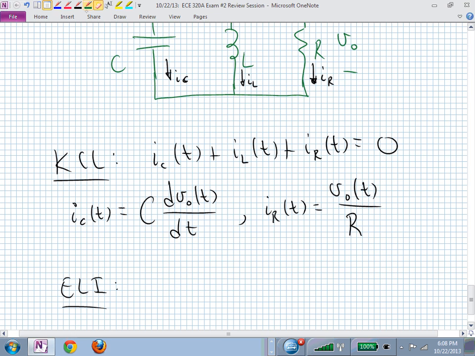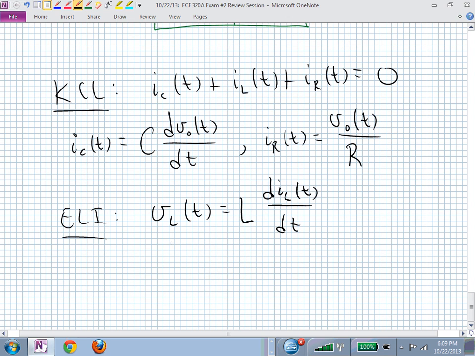I can't spell, can I? It's too late in the day. I said Eli, which is V is equal to L di dt. So it needs to be V sub L is L di sub L dt. And I know that this is the same as V sub 0 of t.